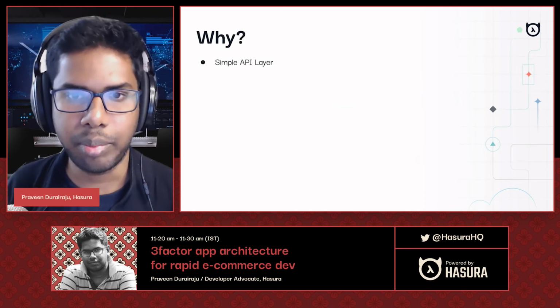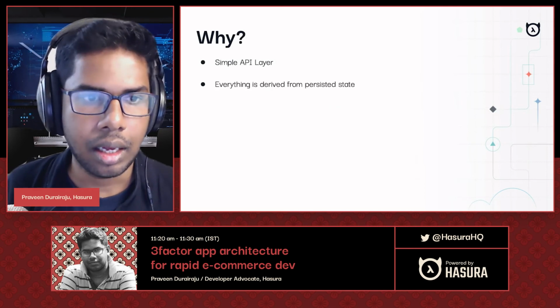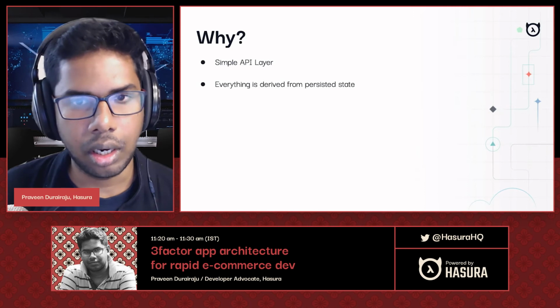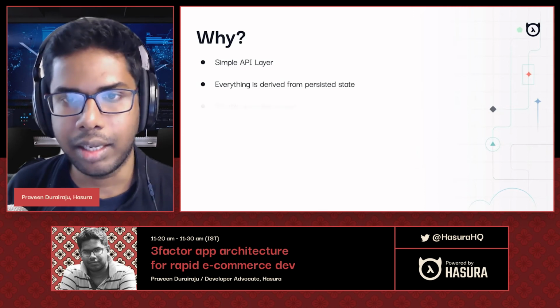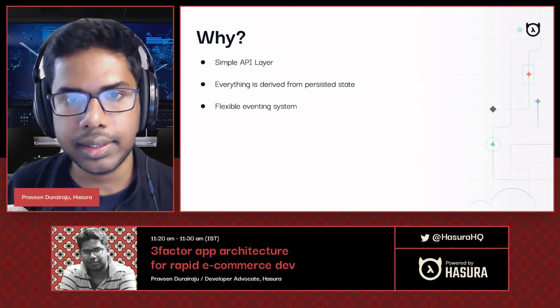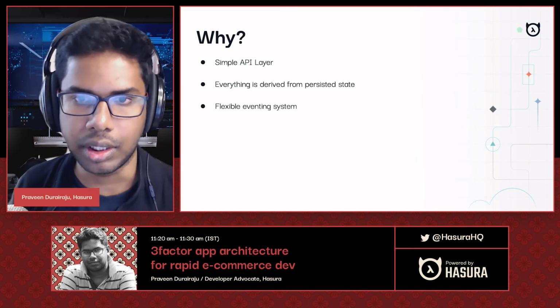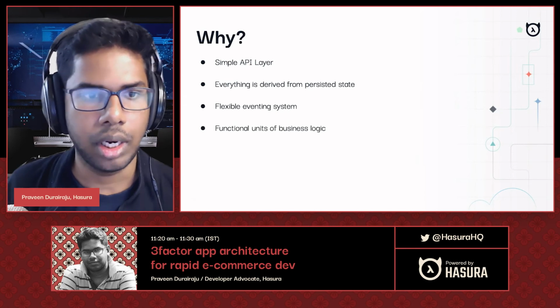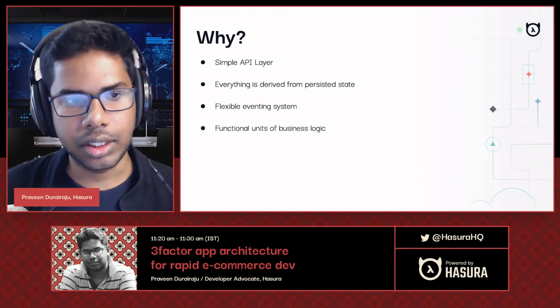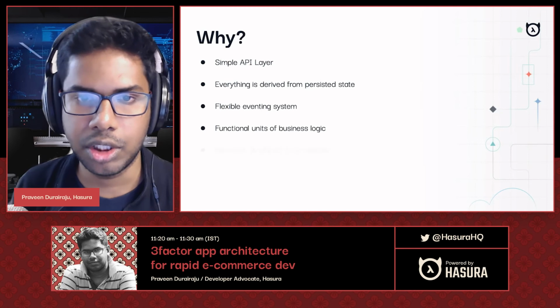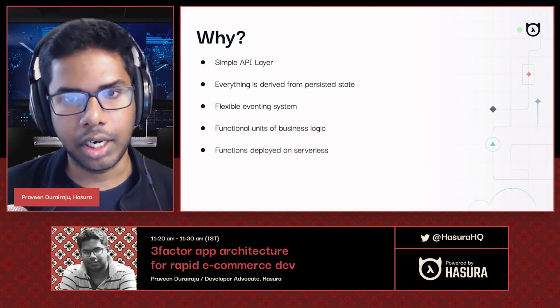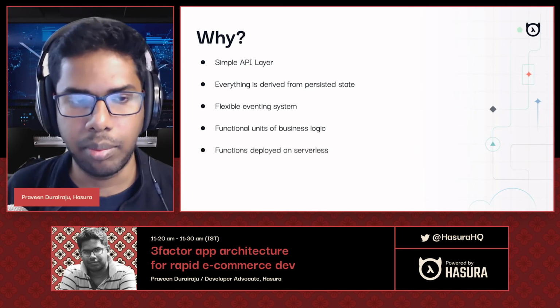You now have a simple API layer for creating events. Everything is now persisted on state, the database source which the API contacts, and you have a flexible eventing system that handles retry logic, timeouts, and so on. And you have all of these serverless functions, which are functional units of your business logic. For example, sending an email is a functional unit, which then goes on to be deployed on serverless functions, right?